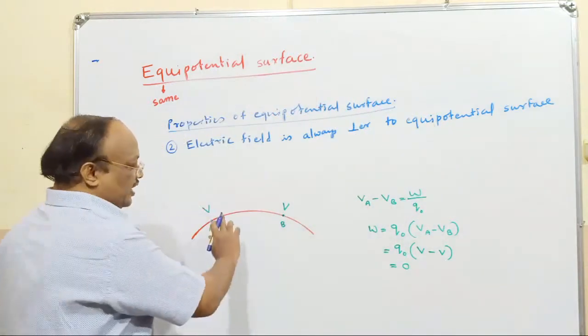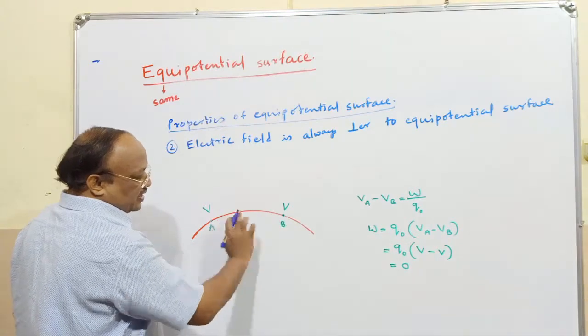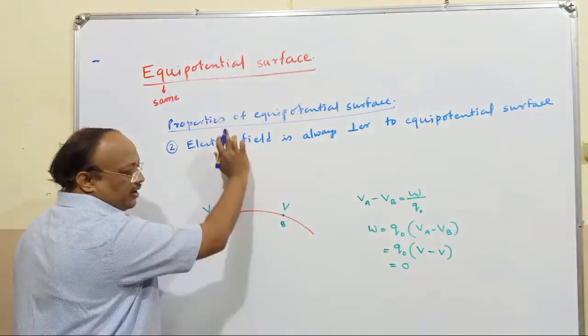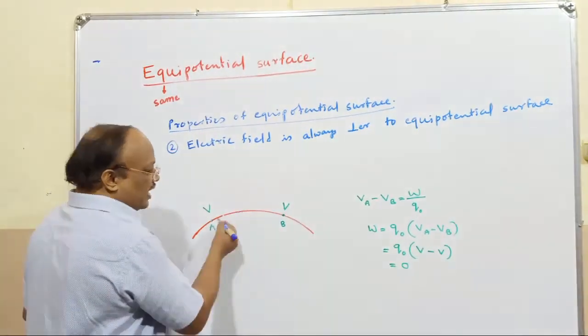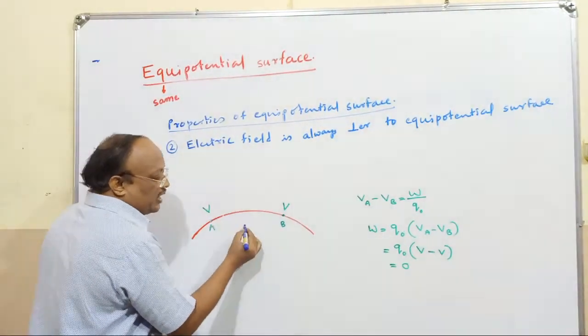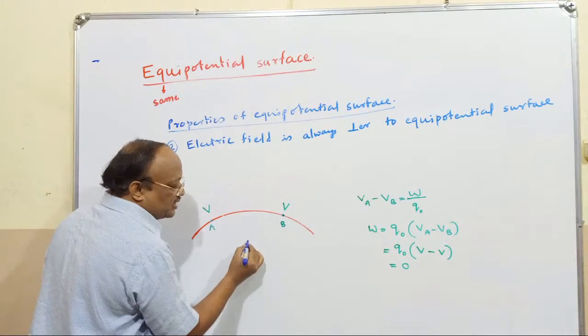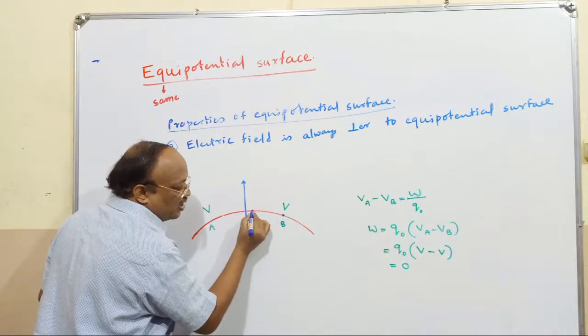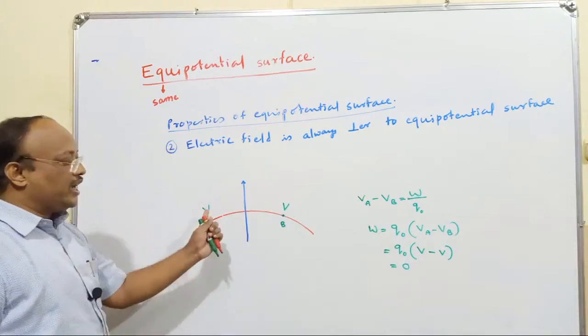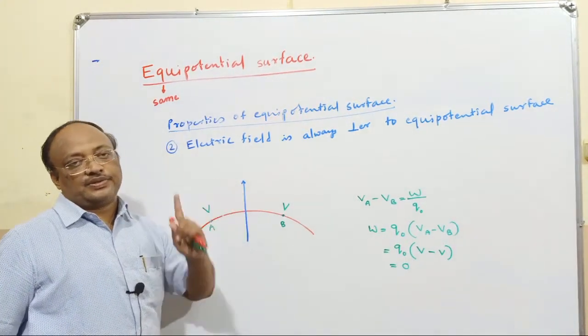In a sense, if the equipotential surface is like this, the electric field will act. Electric lines of force represent the electric field. Electric lines of force should be perpendicular to the equipotential surface.